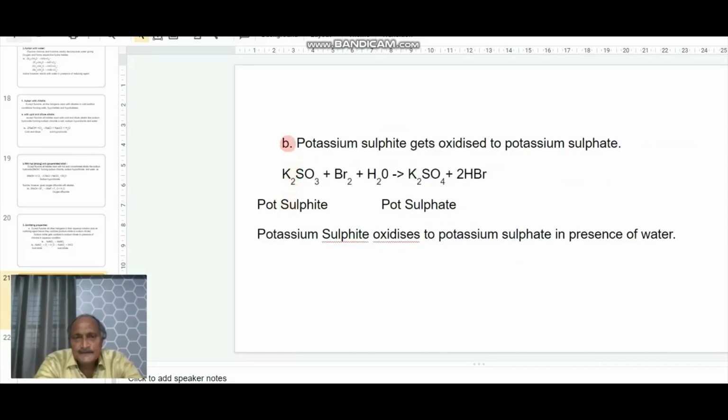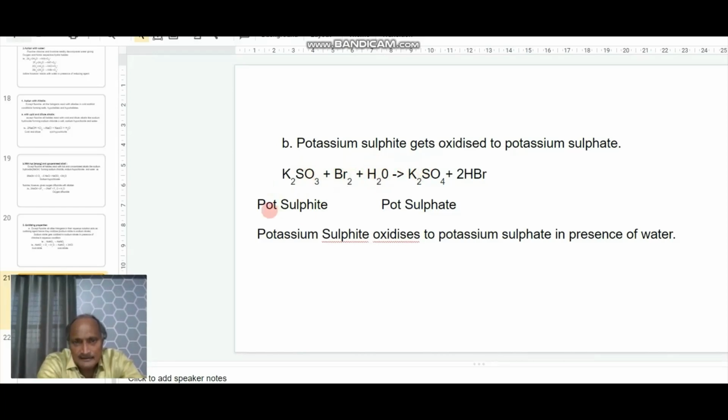Similarly, as I have already told, potassium sulfite oxidizes to potassium sulfate, that is K2SO3 to K2SO4, in presence of halogen, that is bromine, under aqueous condition.